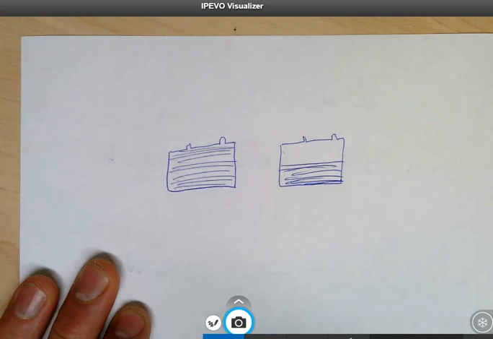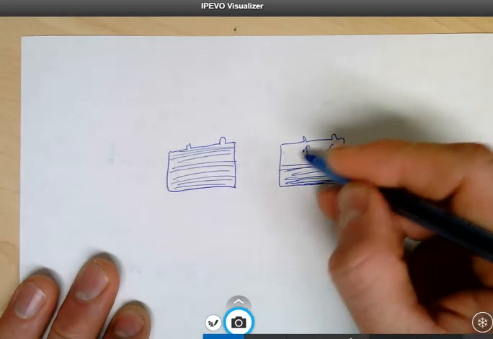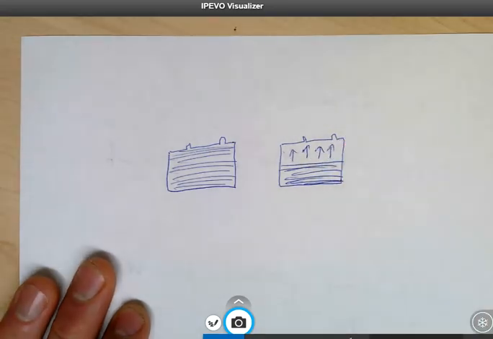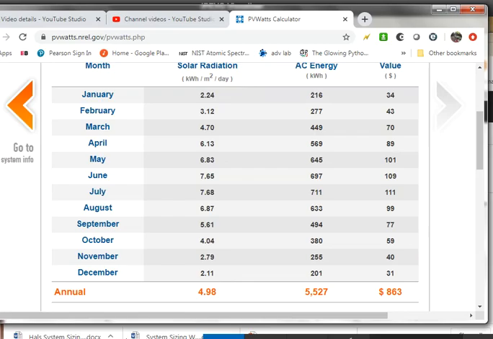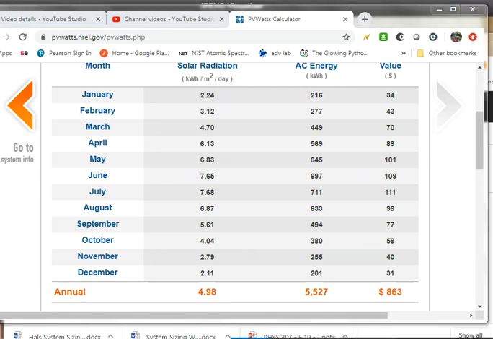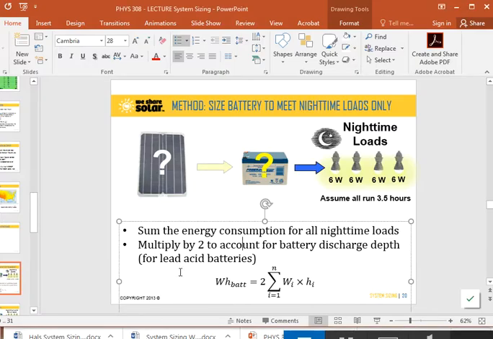And then once it gets to 50%, then we want to charge it back up again. Okay, so maybe that helps you think about that. So that's where that factor of 2 comes in. Okay, there we go. All right. So that's where that comes in.